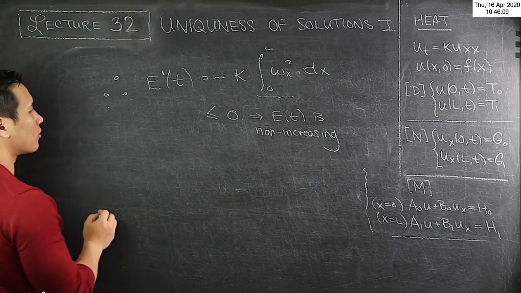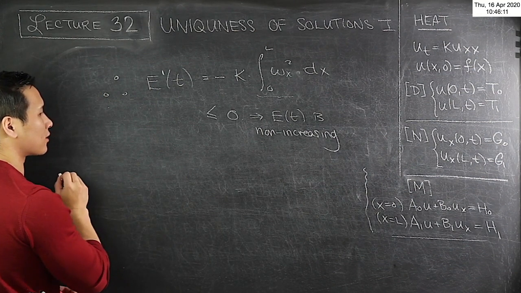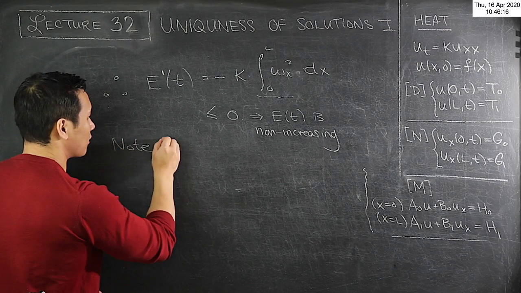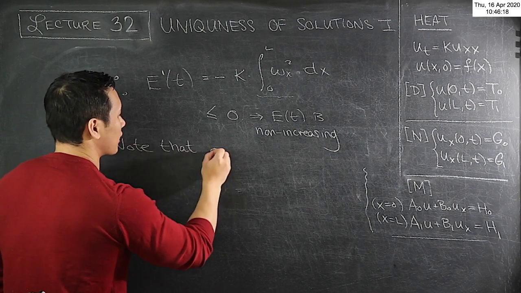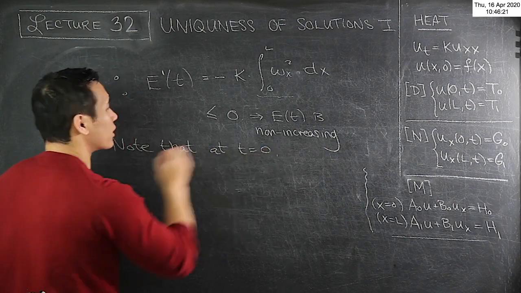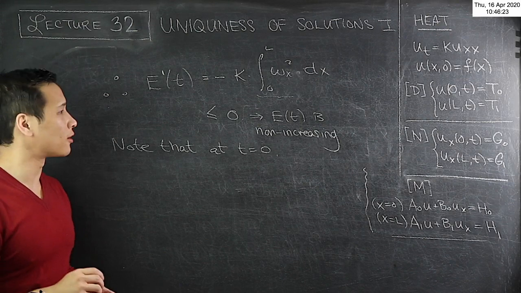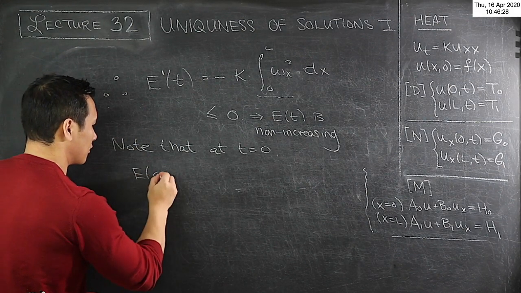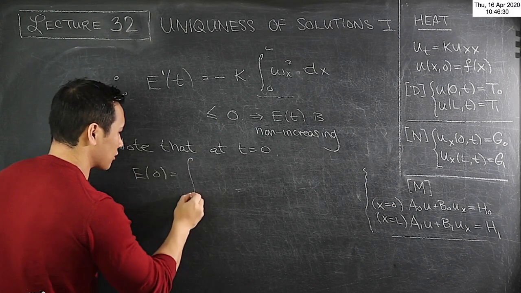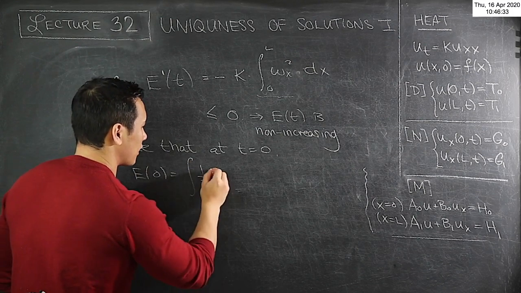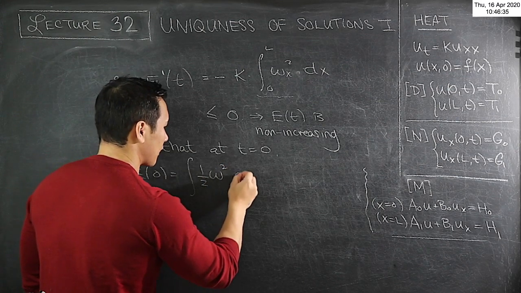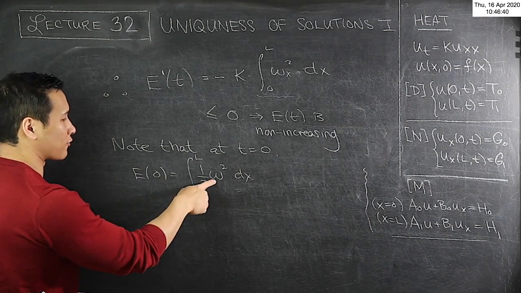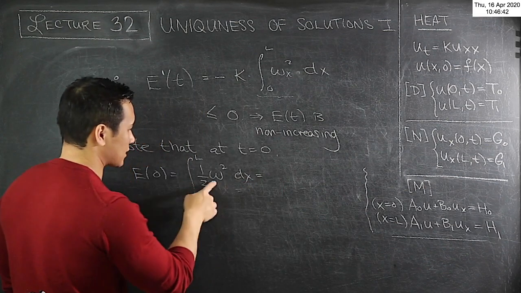So now you're going to note that at t equal to 0, what is the energy at time t equal to 0? Well, let's just put it in. I know that E of t is defined to be the integral of 1/2 w squared dx from 0 to L. And I can just freely put in t into this because this x is integrated out, you see.